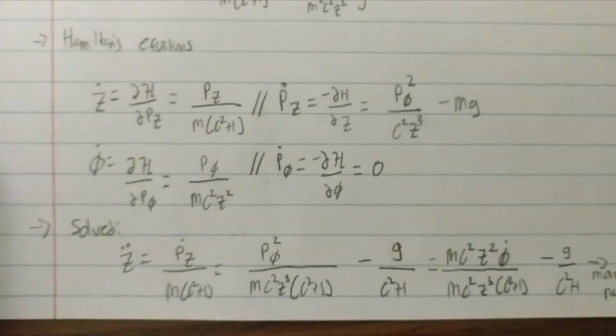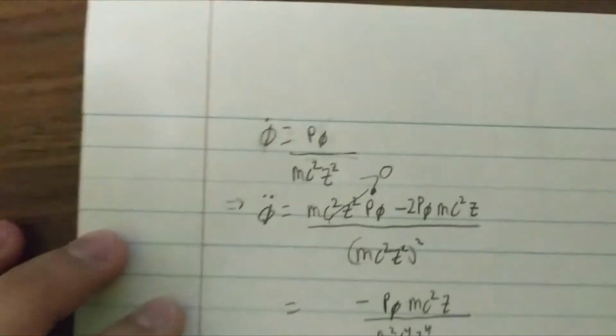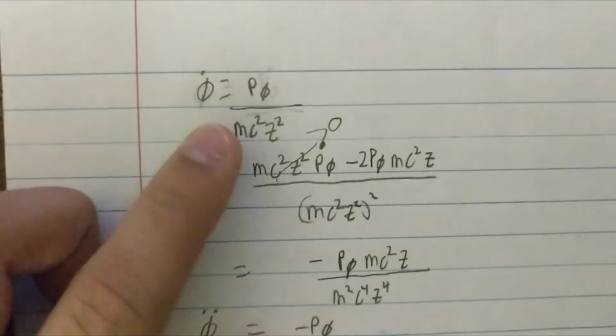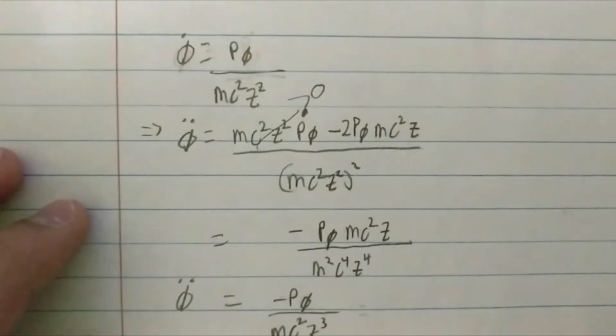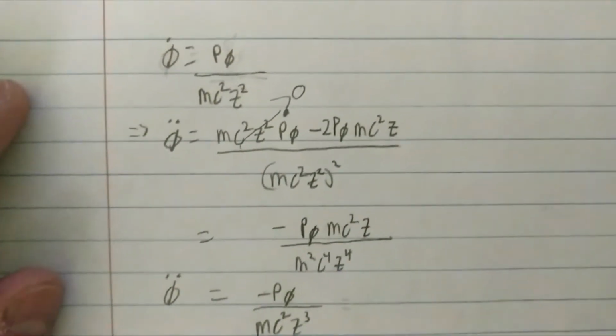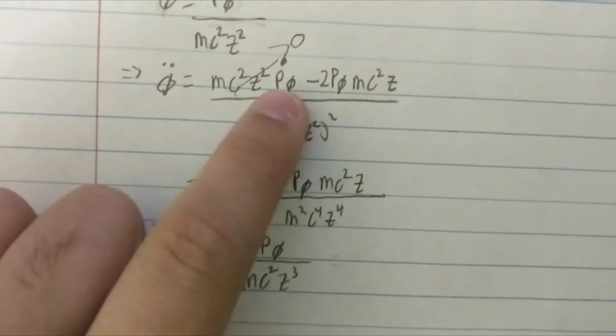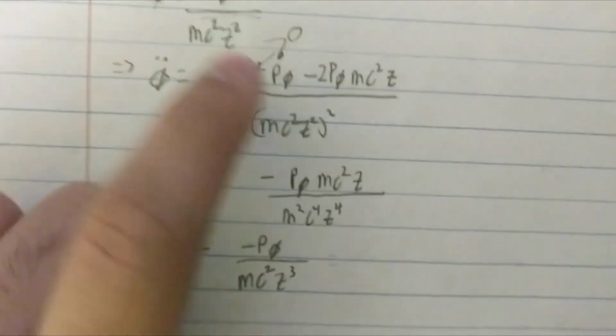Just for completion, I did the same idea for phi double dot right over here. So what we had on the other page was phi dot is equal to p phi divided by m c squared z squared. And then you differentiate that, so that gives you some quotient rule calculus there. We saw on the other page the angular momentum is conserved, so this term goes to 0.